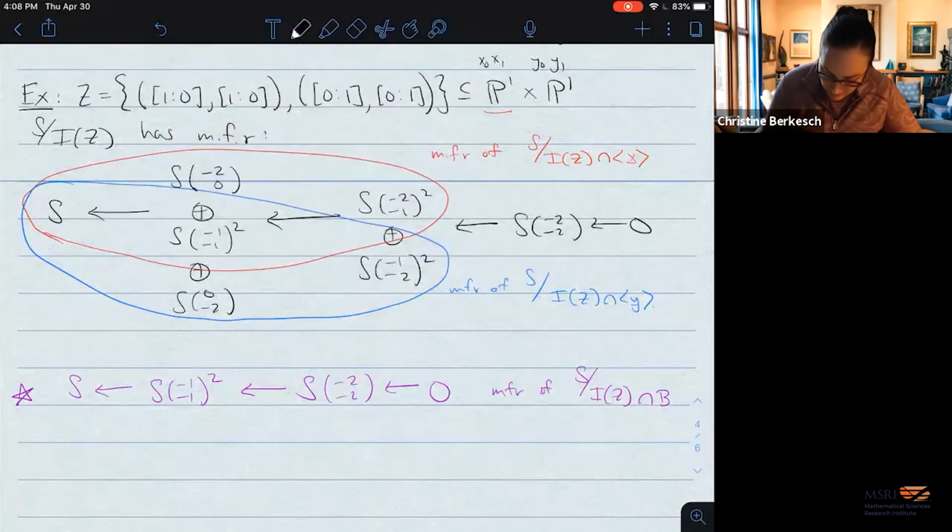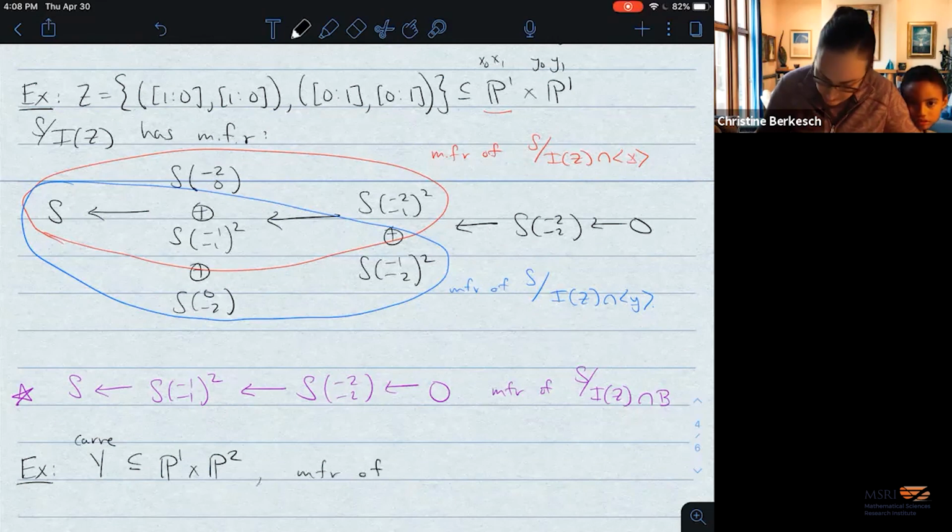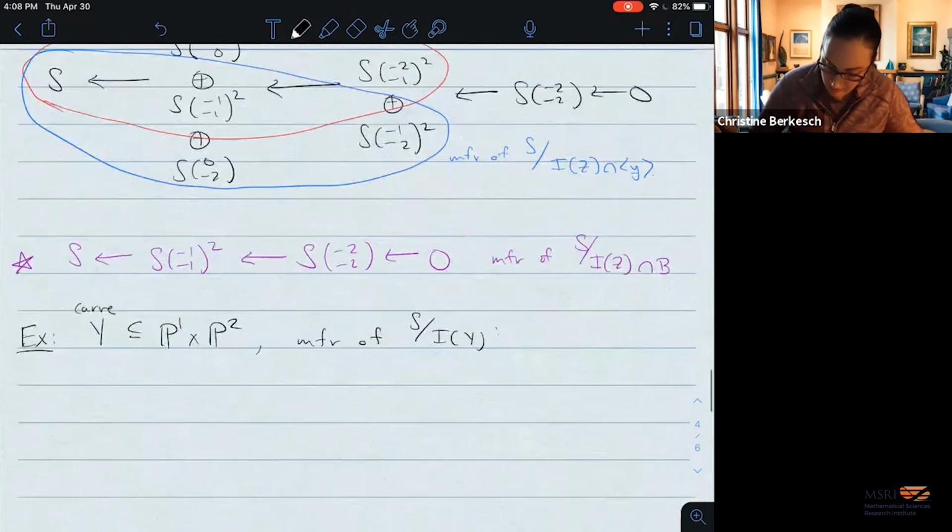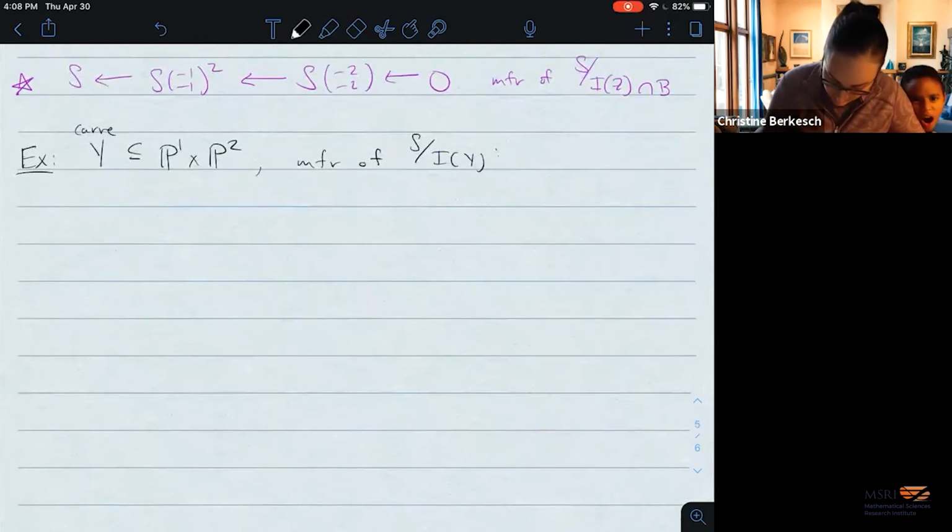All right, so let's do another example. Now this is a certain curve inside P1 cross P2. The minimal free resolution here of S mod I of Y just takes a second to write down, but I think it's worth it to see what's happening.